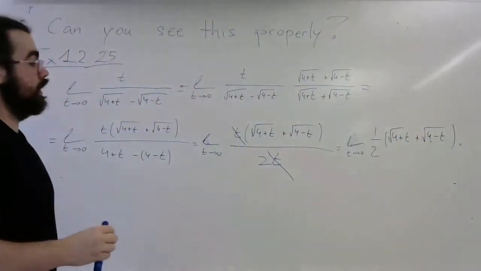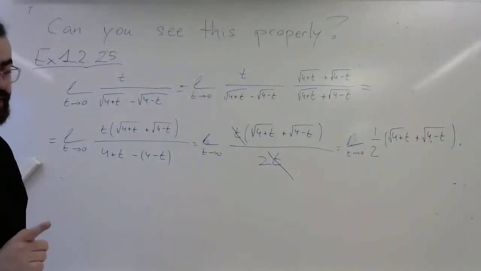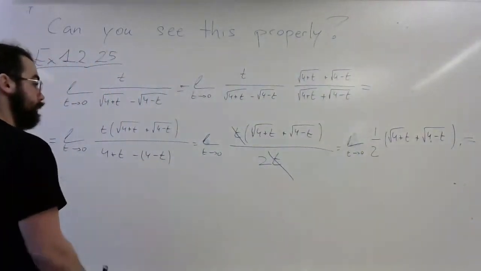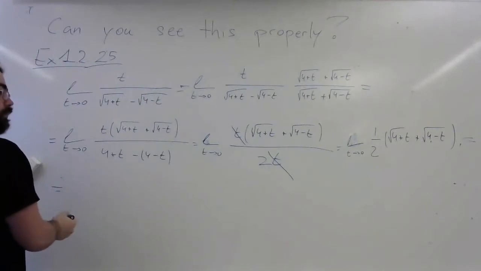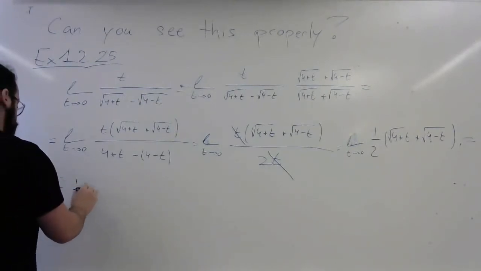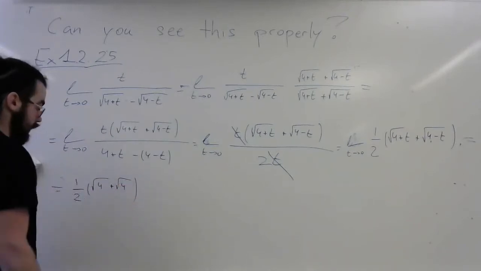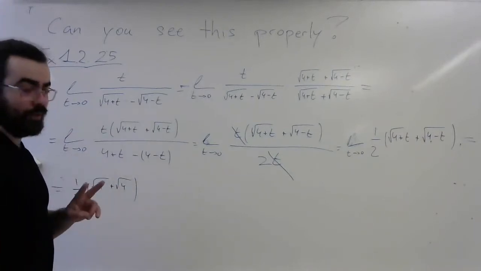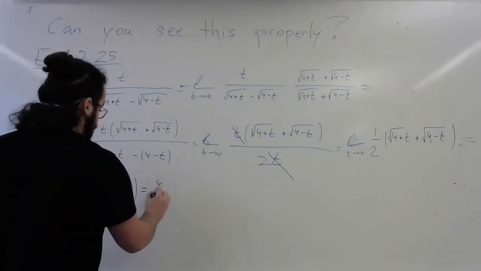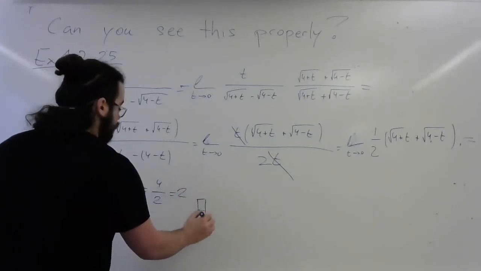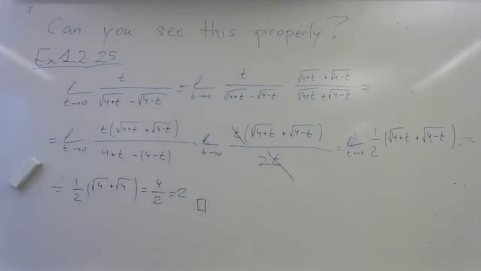And now this is a function that is continuous and we can evaluate it in 0. Square root of 4 is 2. So this is 4 divided by 2. Beautiful, isn't it?